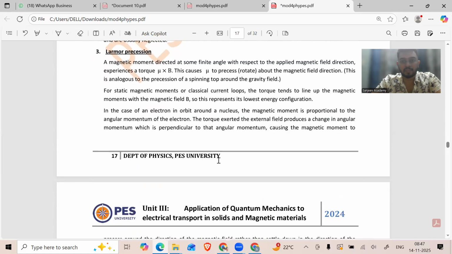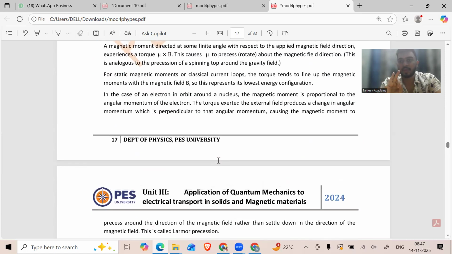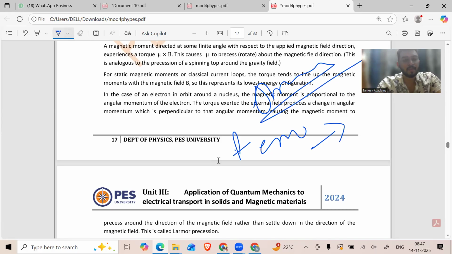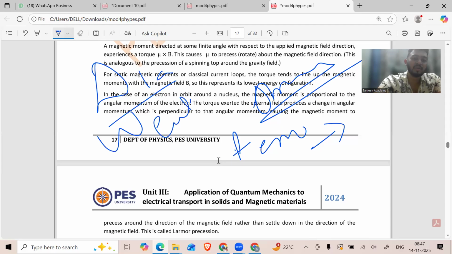And if you have a class 12 book, study the difference between paramagnetic, diamagnetic, and ferromagnetic. Diamagnetic: weak repulsion. Paramagnetic: weak attraction. Ferromagnetic: strong permanent magnetism. It's all there in the class 12 book only.